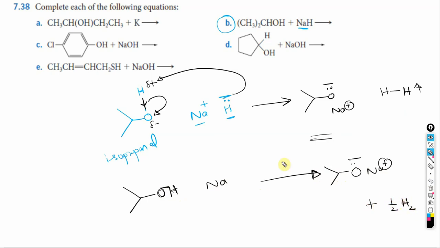The reason for that is that here the sodium is in the 0 oxidation state, and here it's in the +1 oxidation state. Here we don't have a hydride, here we have a hydride, and therefore two sodium atoms are going to react with two alcohols to give you two alkoxides and one hydrogen, or one alkoxide and half a hydrogen, I mean. Whereas here we have sodium hydride, and the hydride is going to donate an electron pair to the hydrogen, make it hydrogen gas, and give you the alkoxide as well.